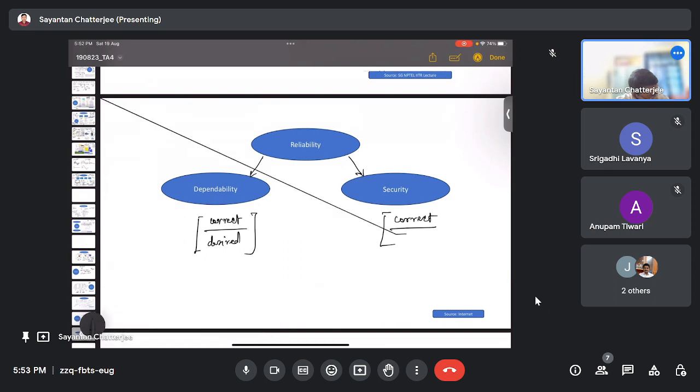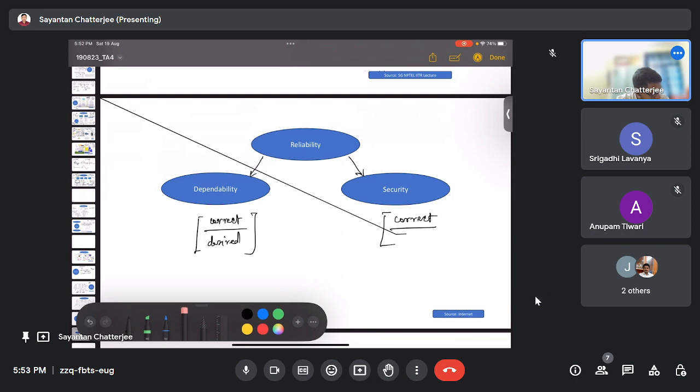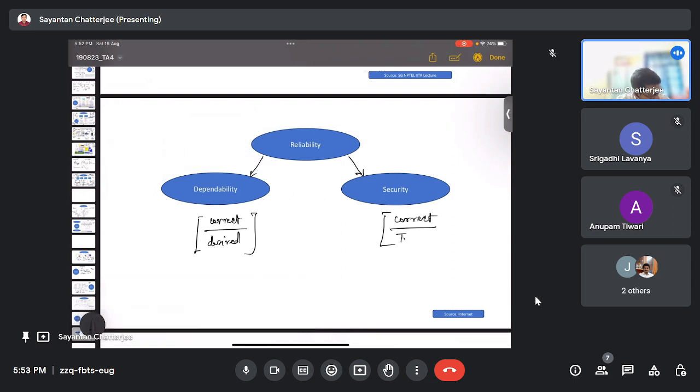So the relay should be reliable enough to operate in such a situation.